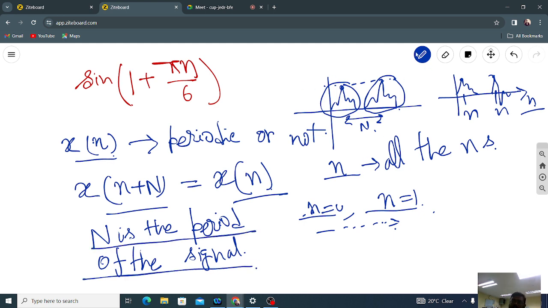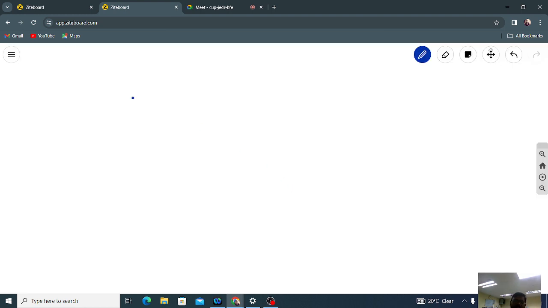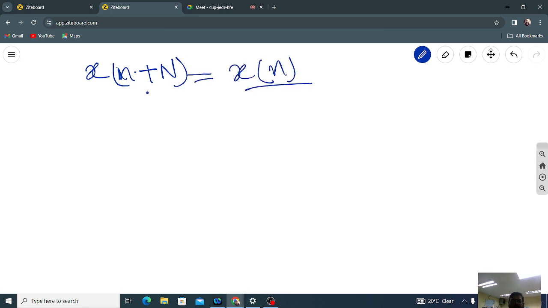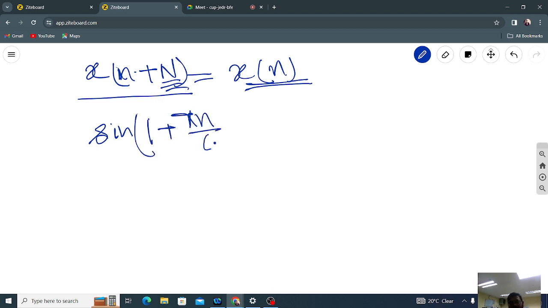Okay, so just let me write the actual thing now. The main condition is x of n plus N should be x of n. Both the signals will be the same after a particular distance. So the signal was sine of 1 plus pi n by 6.